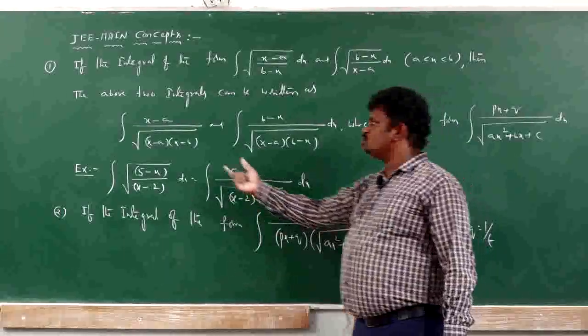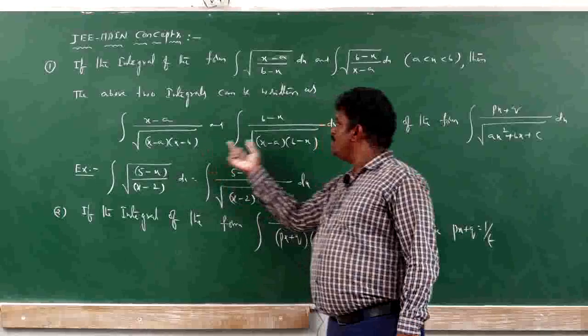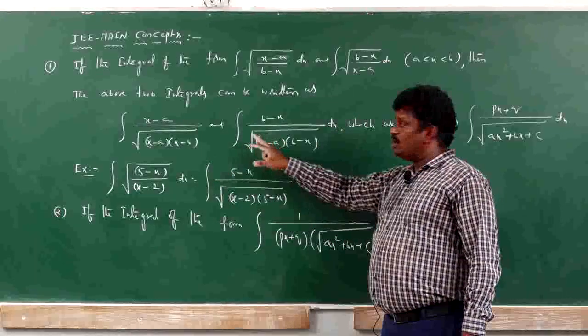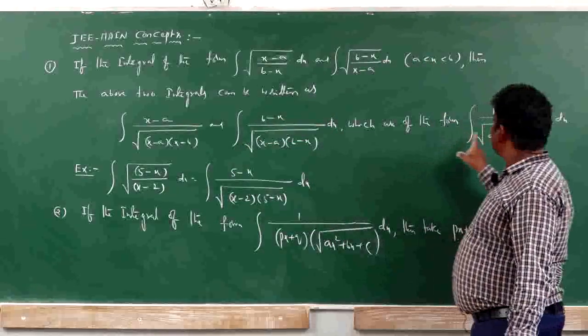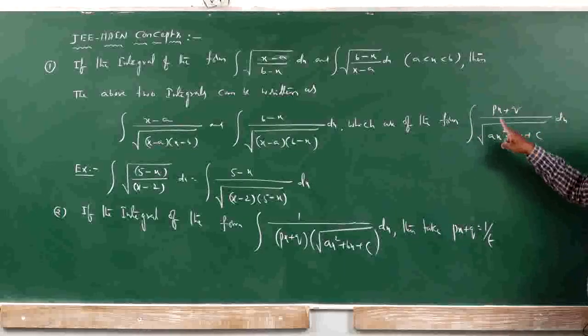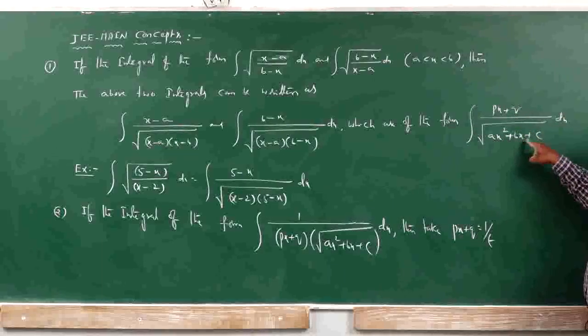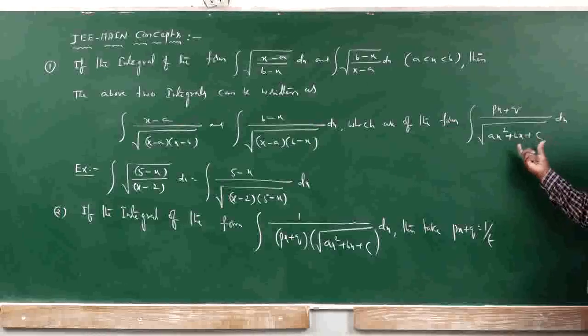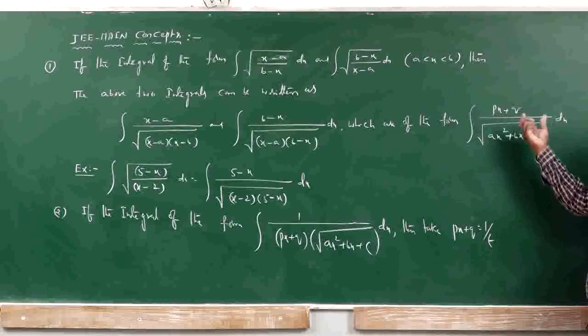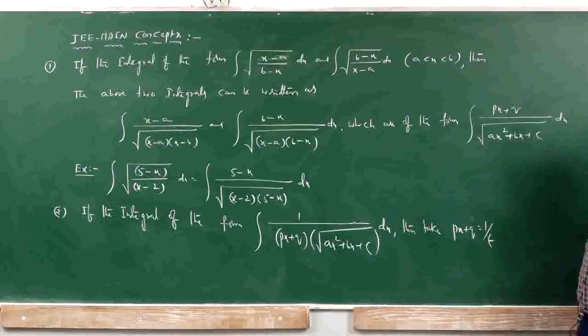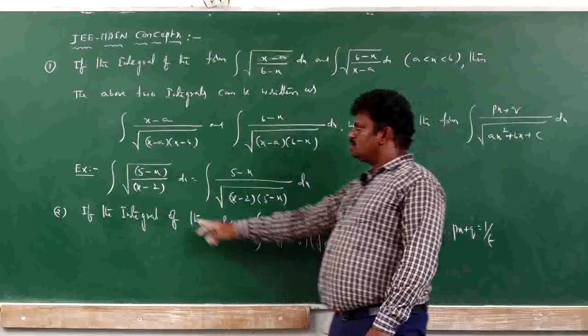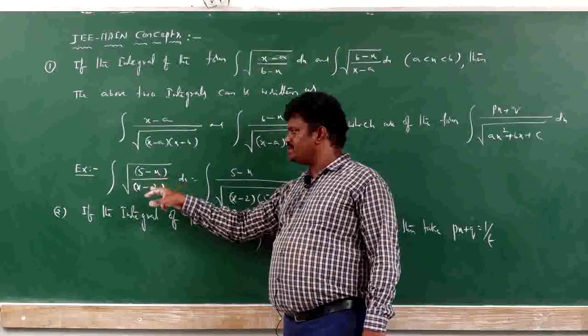Then we get these two forms, x minus a by square root of x minus b minus x. Now compare this form with the 8th point already explained, px plus q by square root of ax square plus bx plus c. If you know how to find that, then we simplify and find the integral. For example, take square root of 5 minus x by x minus 2.